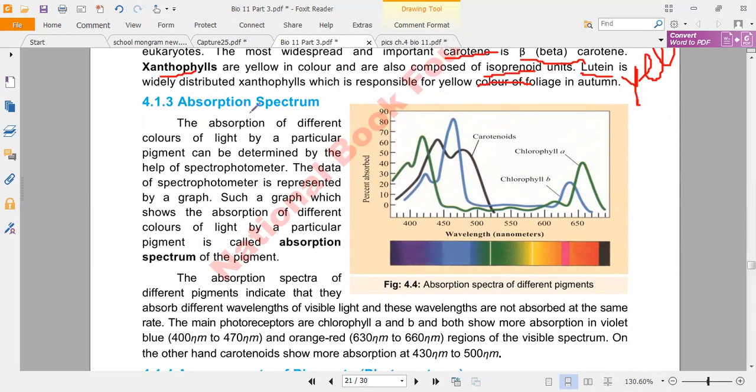When we take a graph of all the pigments, all the wavelengths and the absorption by the pigments, that is called the absorption spectrum. Scientists have taken this by spectrophotometer.